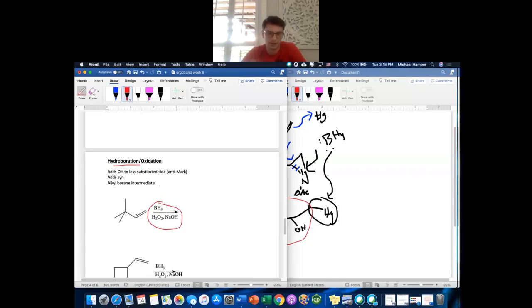Looking at this example here, you have this carbon and this carbon. Is the left or right carbon the less substituted side? The right. As simple as that, your product will look like that at the end of the day.